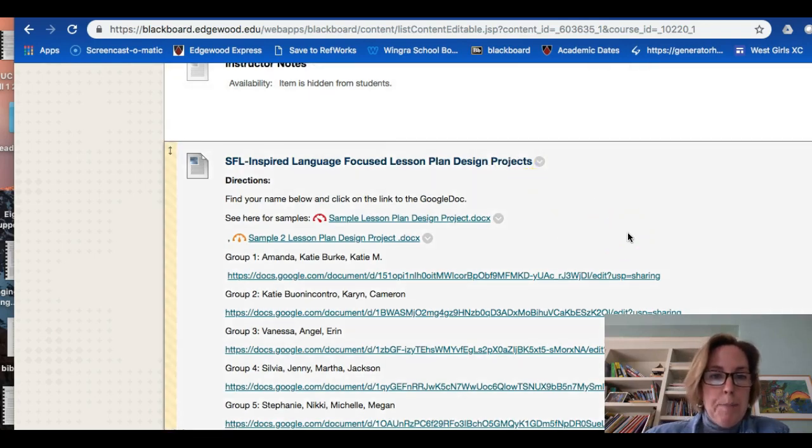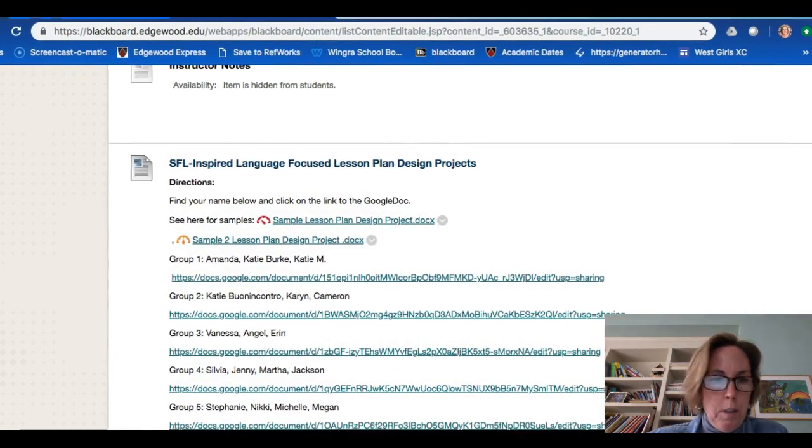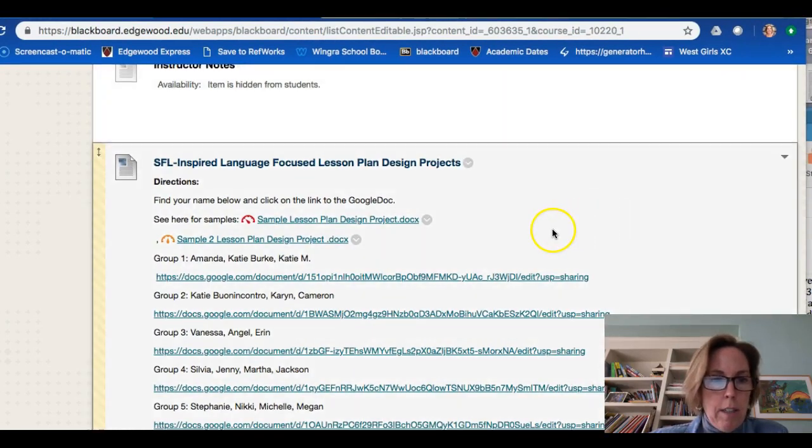So in case I forget, these two are some samples of what this could look like. The groups that I've put you in are focused on what you teach and what your interests are, to the best that I could. And it's groups of 3 or 4. So in case you're wondering how those got started.